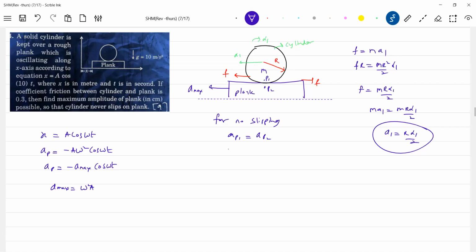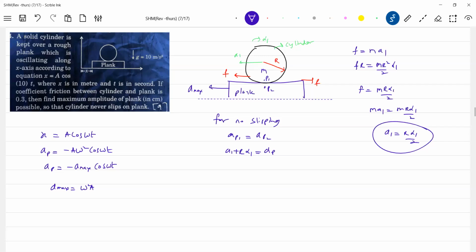Acceleration of point P1 is A1 plus R alpha 1. This is AP2, and AP I'll write as the acceleration of the plank. So I think R alpha 1 equal to A1.